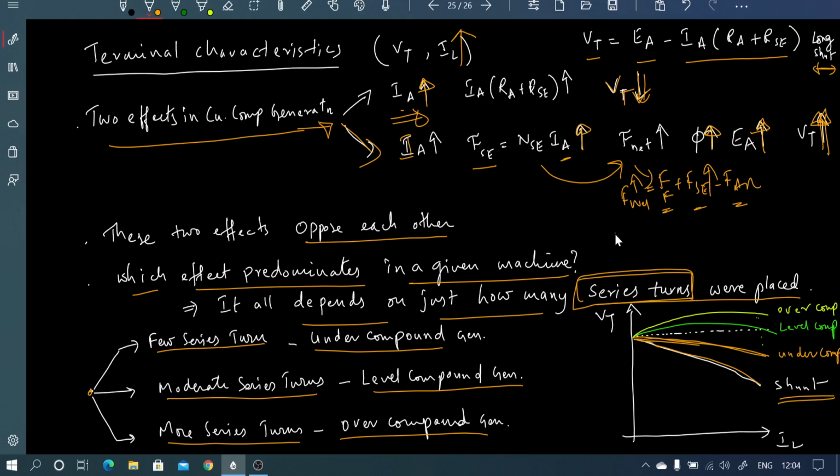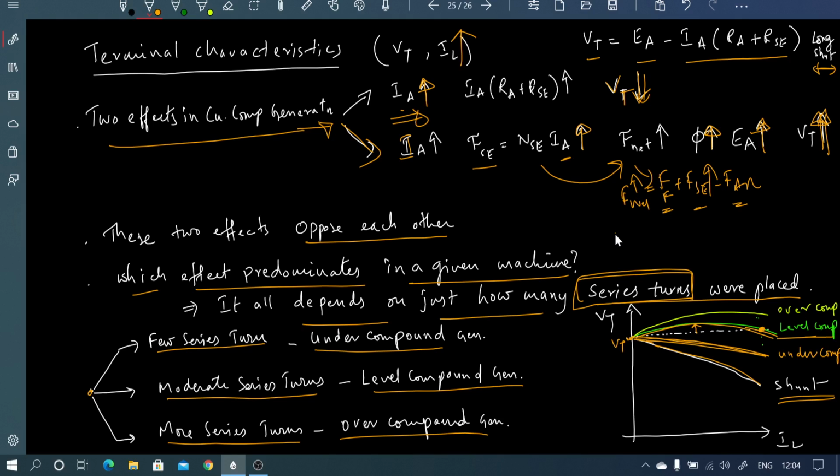This is the under compound characteristic, and this is the level compound characteristic, where initially the voltage rises above the no load voltage, and slowly, due to saturation, the drop effect increases and the terminal voltage falls. But at full load we adjust such that the rated terminal voltage is exactly equal to the no load terminal voltage, and that is why it is called a level compound DC generator.